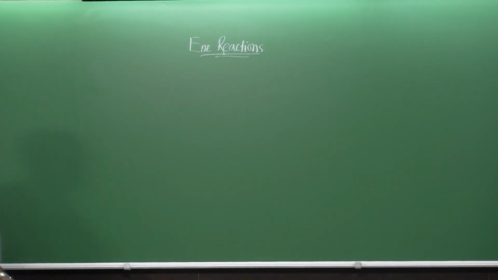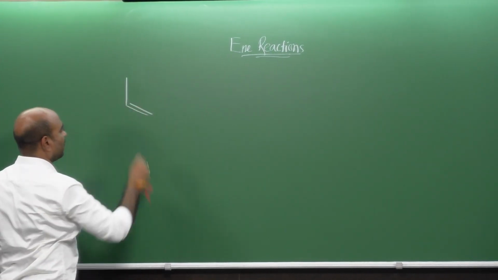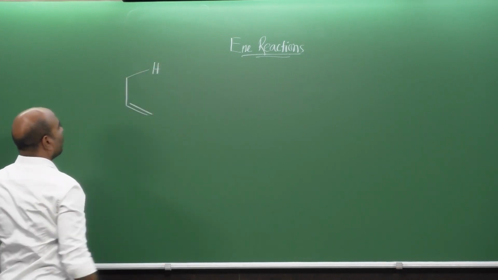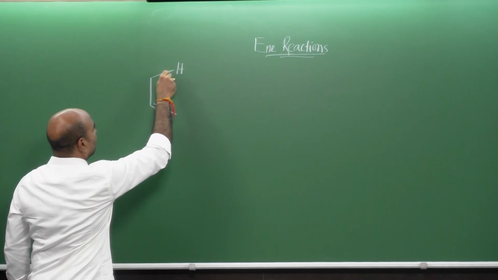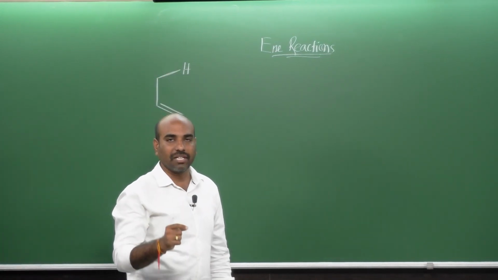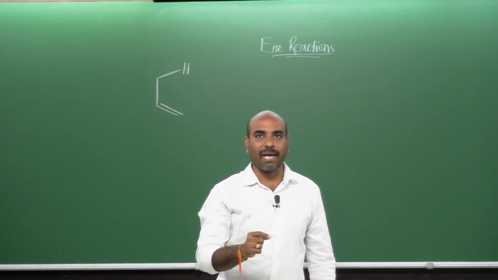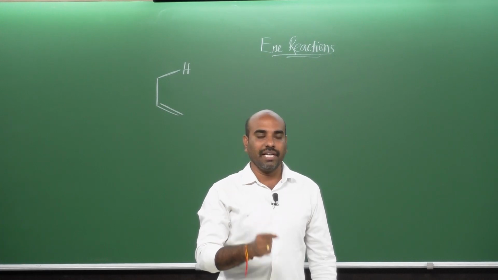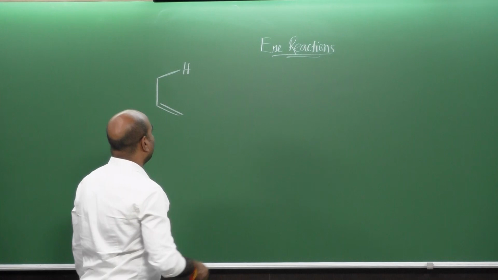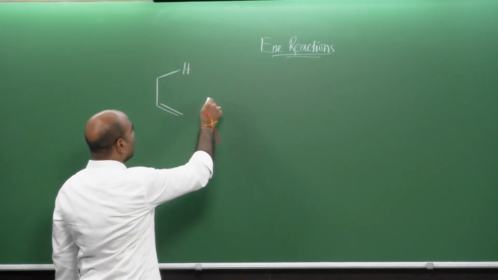What does the definition say about the ENE reaction? It happens in an unsaturated molecule which has at least one allylic hydrogen. So the minimum requirement is an unsaturated system with at least one allylic hydrogen, which is capable of participating in the ENE reaction. Similar to the group transfer reaction, this hydrogen has to transfer onto another system or another molecule.